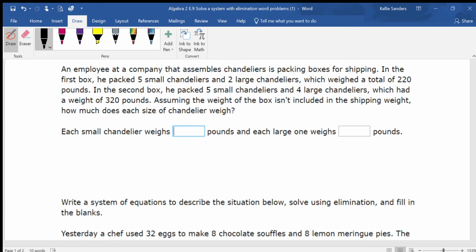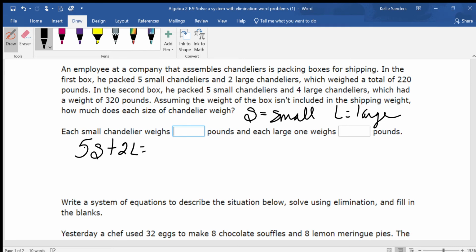So we'll use S for small. I'm going to make it a weird S so it doesn't look like a 5. And L for large. So 5S plus 2L equals 220. 5S plus 4L equals 320.